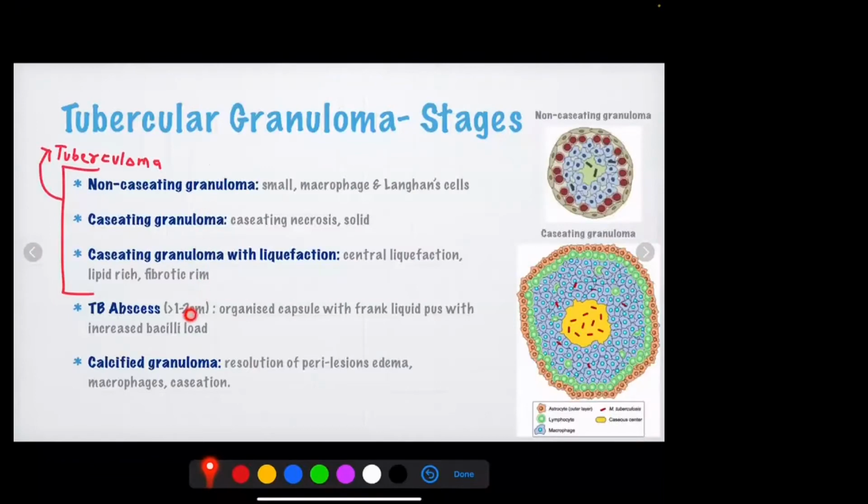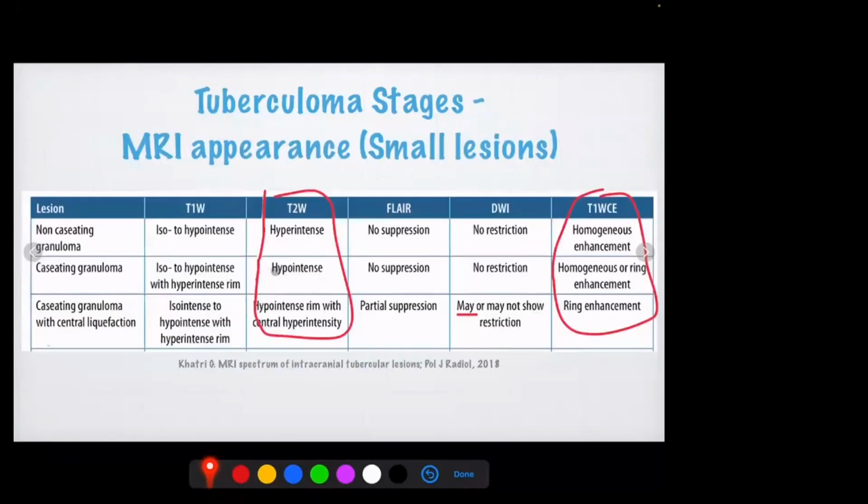But before I come to a larger TB abscess, I wanted to discuss the smaller granulomas first. First, we would try to differentiate the stages of the TB granulomas, the reason being that specific stages can be confused with, say, NCC, and a few stages can be confused with bacterial abscess. So we need to know what the stages are.